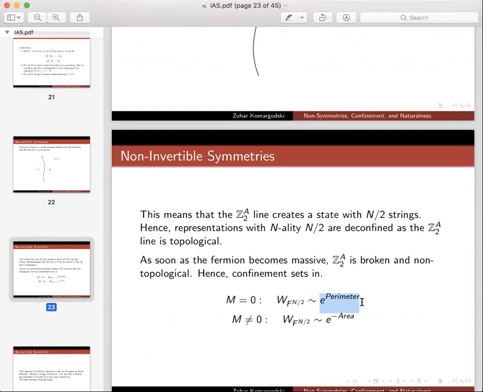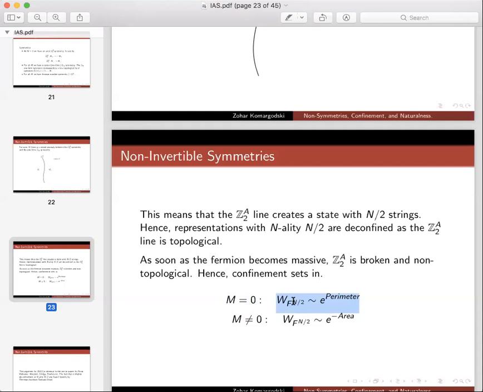If you have confined strings, then there will be some area dependence. But an area dependence is inconsistent with the topological nature of this defect. So immediately from only this anomaly, you can infer that the massless theory has deconfined quarks with n/2 indices in the fundamental representation.